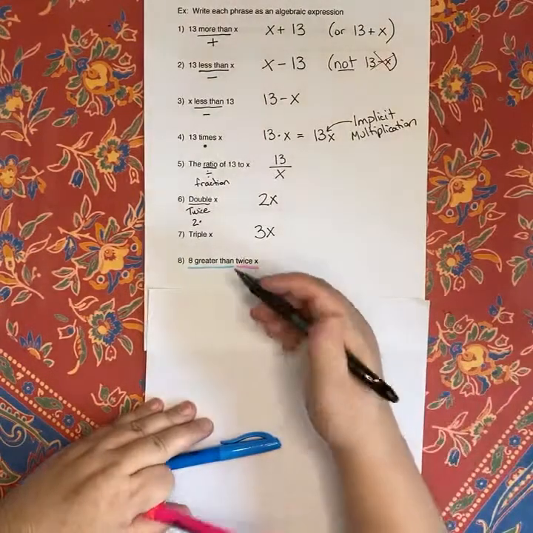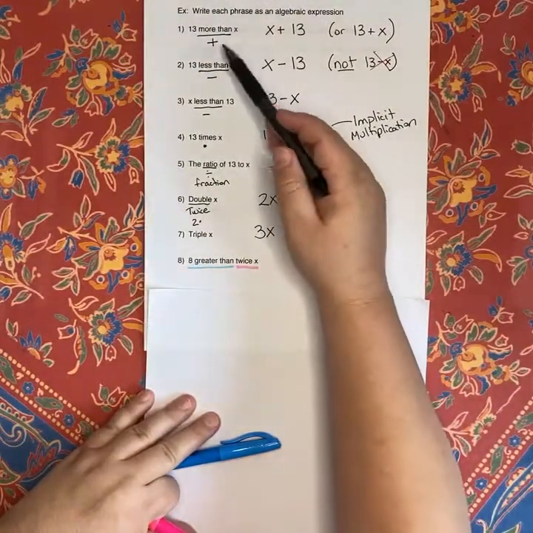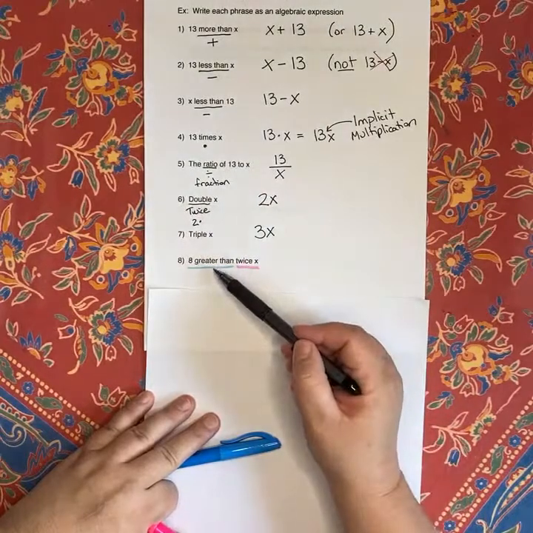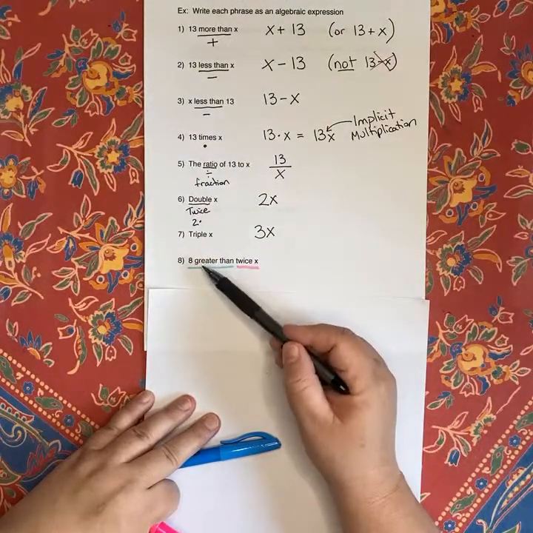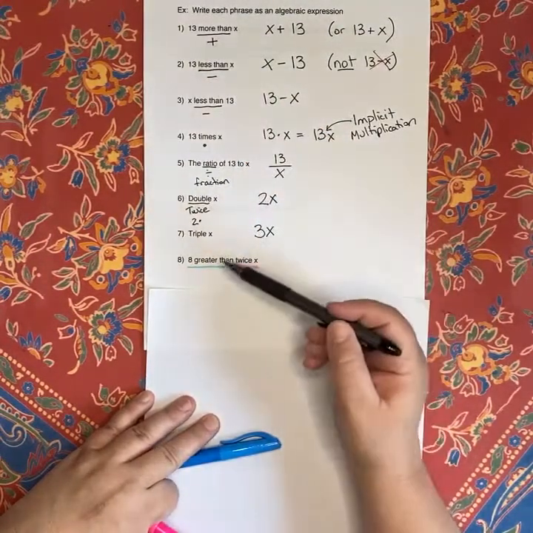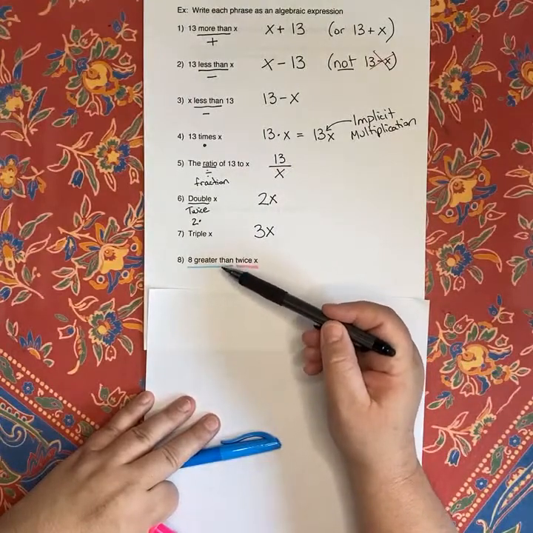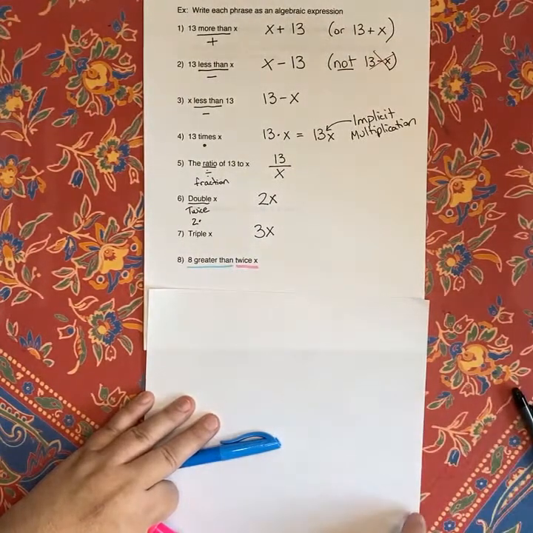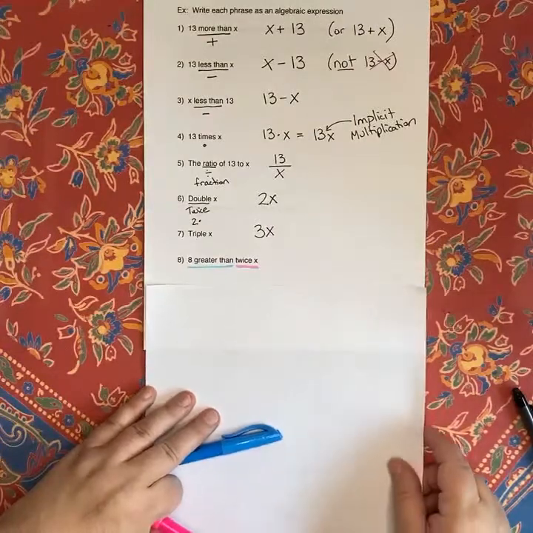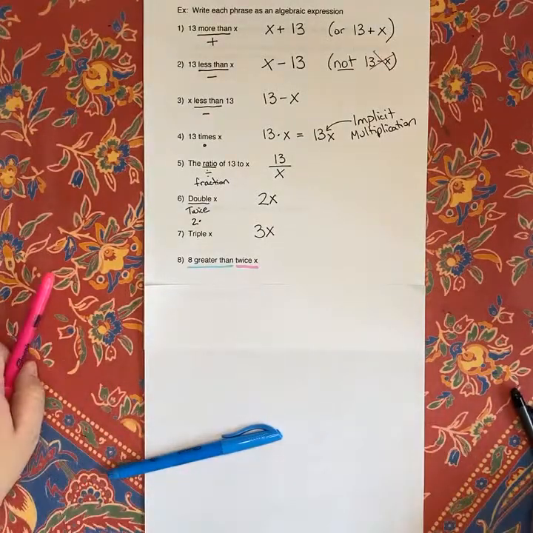So remember then that the more than and less than, which greater than is just a different English word instead of more than, it's just another way of saying plus, right? So I'm not saying 8 times, I'm saying 8 greater than. So remember that we reverse the order.